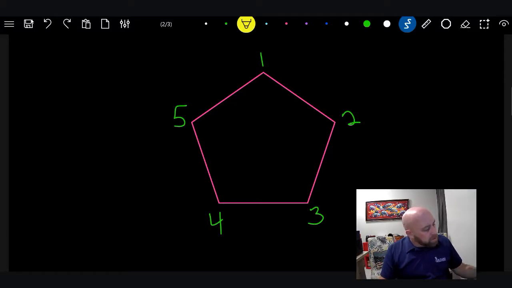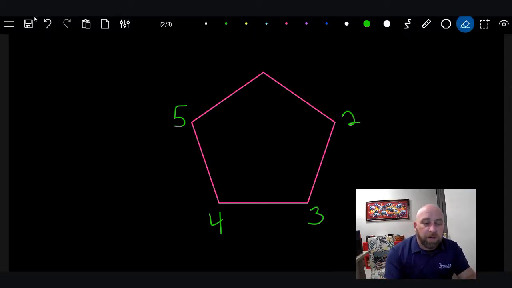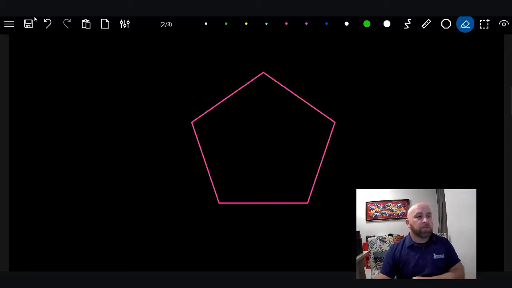Let's turn the page over to page 104. Page 104, we're actually going to continue talking about this shape right here, this pentagon. I'll just leave this one here. This one is what's called a regular pentagon, a regular polygon. What is a regular shape? Well, we've learned about different things that are called regular.